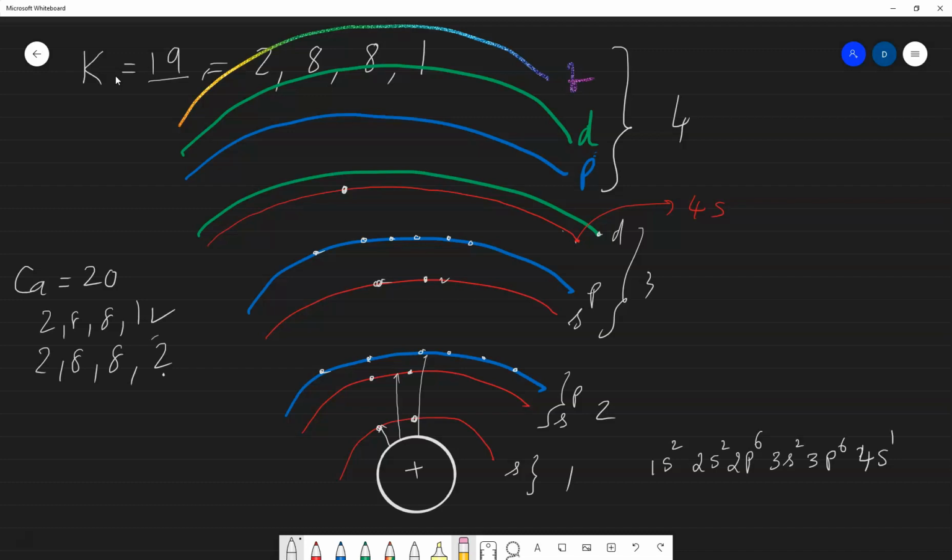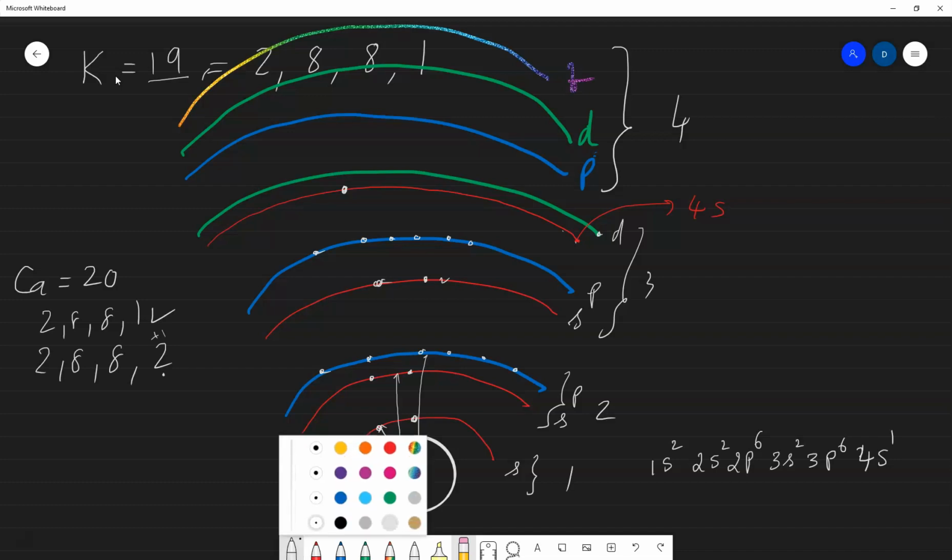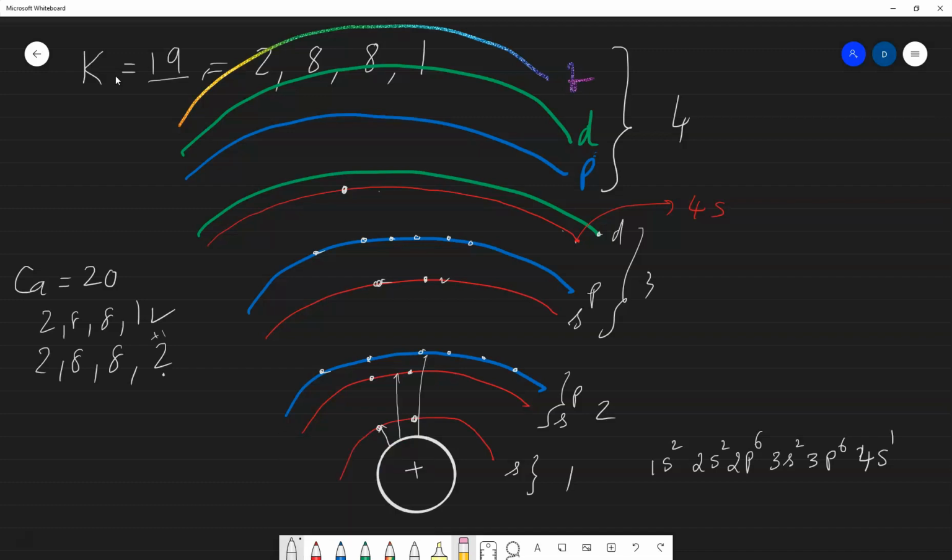The S subshell has only one electron and it can take two, so it will have one more here. So the electron configuration for calcium is the same as everything up to potassium: 1s2, 2s2, 2p6, 3s2, 3p6, 4s2.